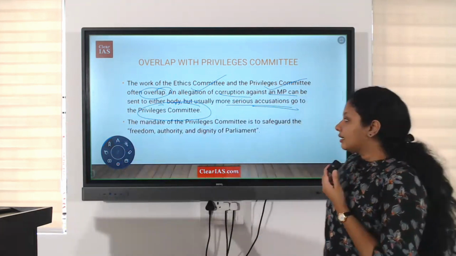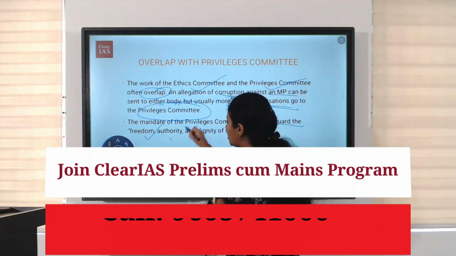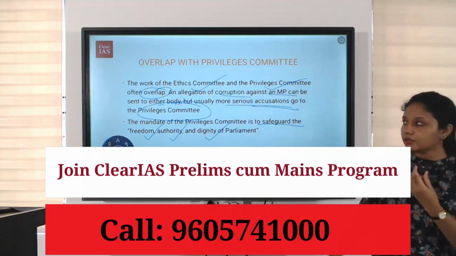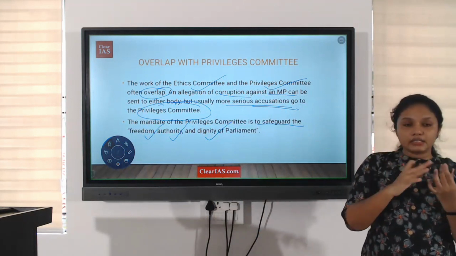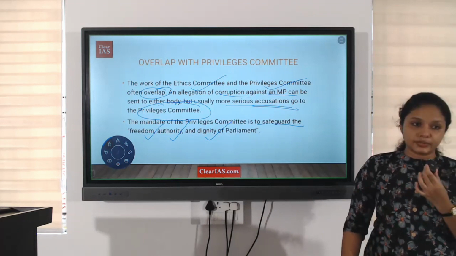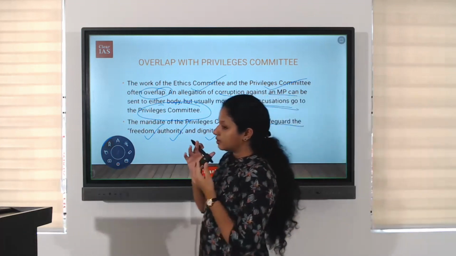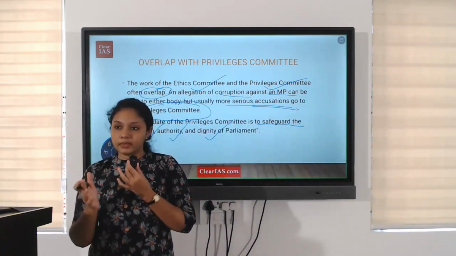The mandate of the privilege committee is to safeguard the freedom, authority, and dignity of the parliament. Usually corruption is a case which we interrelate to the ethical aspect as well, right? That is why there is a contradiction or overlapping between the two committees.